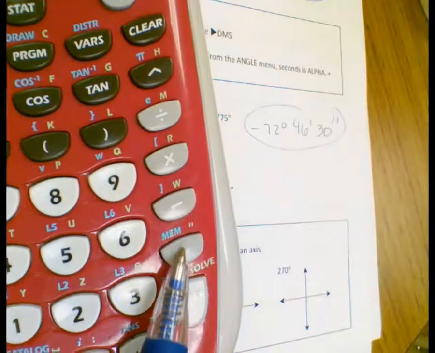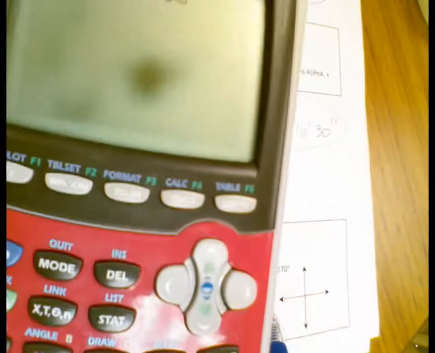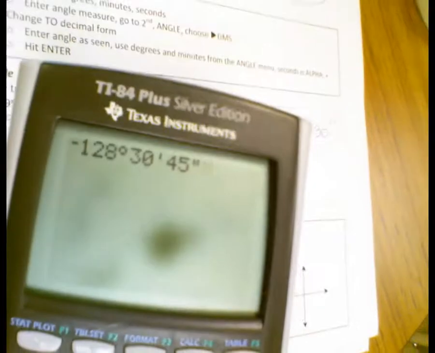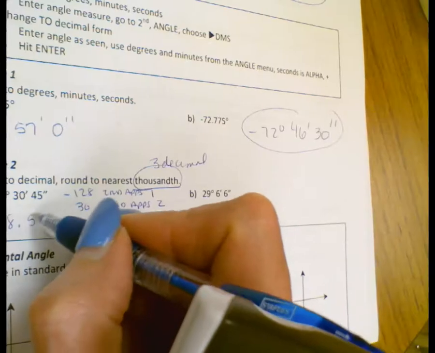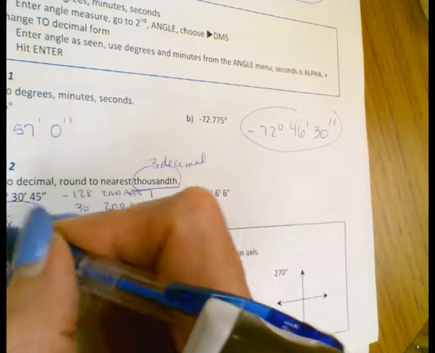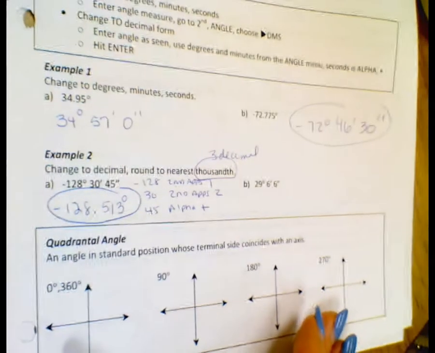You guys see it down here? It's right above there, so you have to press alpha to get that. Oops, I forgot to do the actual number. Do 45 alpha plus. And there's your 45 seconds, and just press equals. And it's negative 128.513, since they said nearest thousandth. Don't forget your degree, because it's still in degrees.